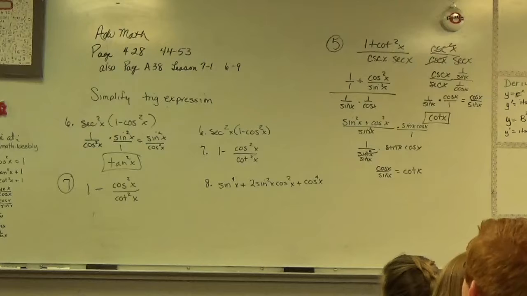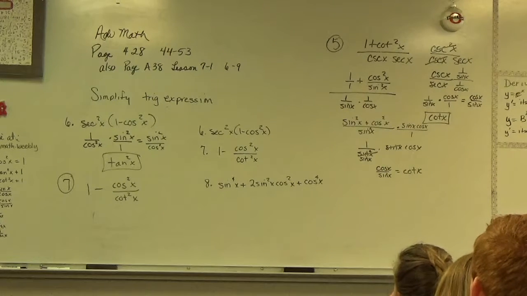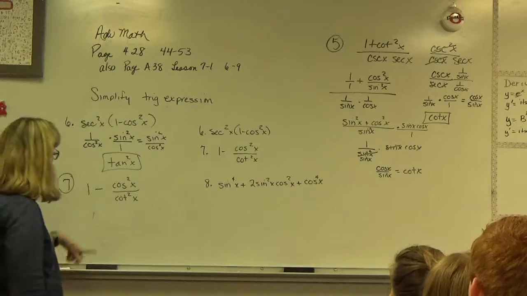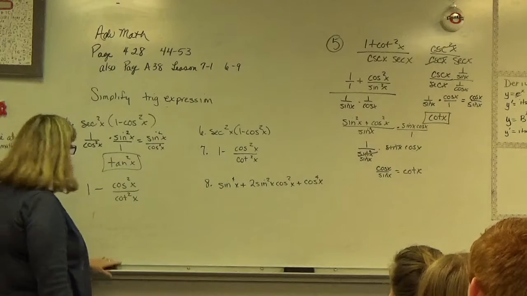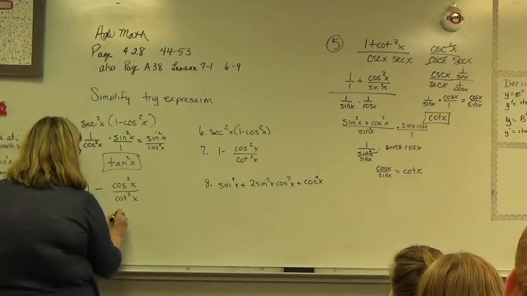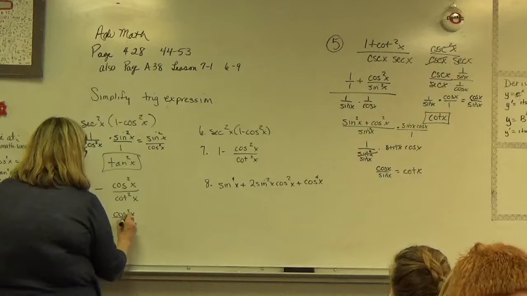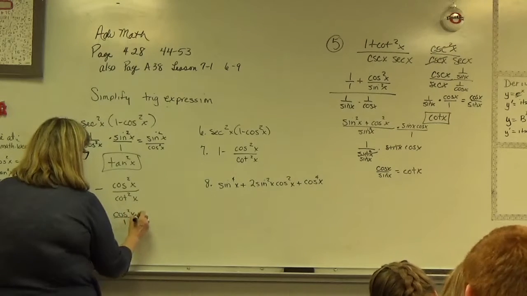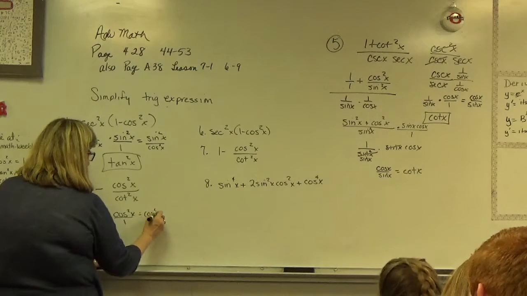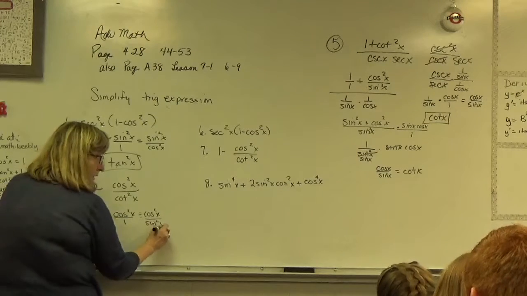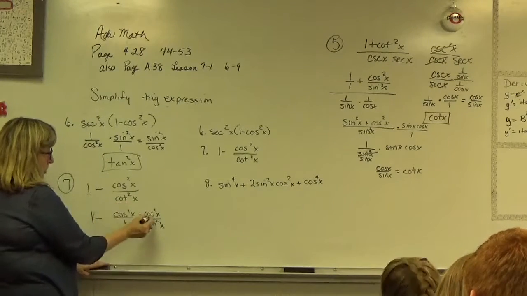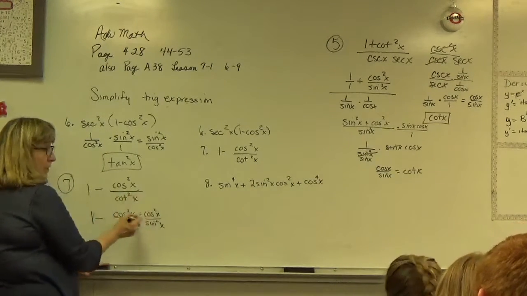You do the reciprocal of cotangent. Do you want to make it cosine over sine? Yeah, cosine over sine. So this would be cosine squared over 1 divided by cosine squared over sine. Does everybody see what I did there? I just changed cotangent to that, and this line means divide.